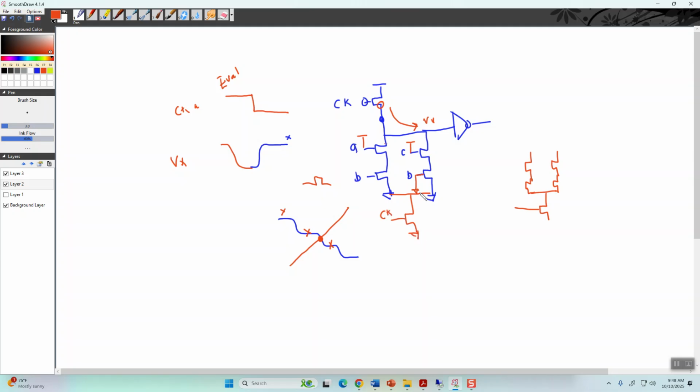Now, yeah, the footer adds some capacitance, but again, you've gotten rid of the whole stack, right? So here now, we have one drain capacitance, 1, 2, 3, 4, 1, 2, 3, 4, 5, 6, 6.